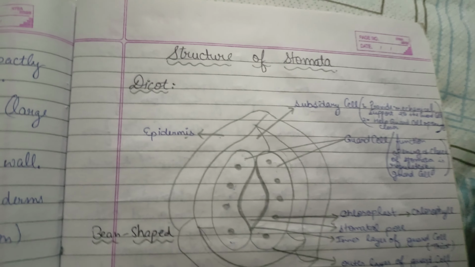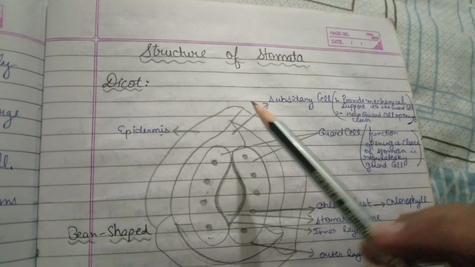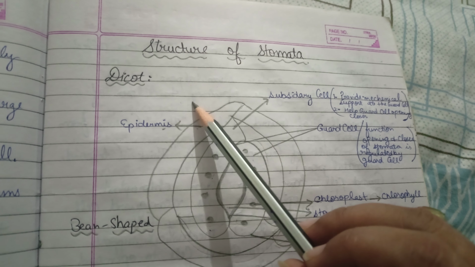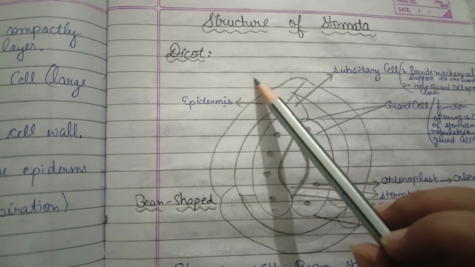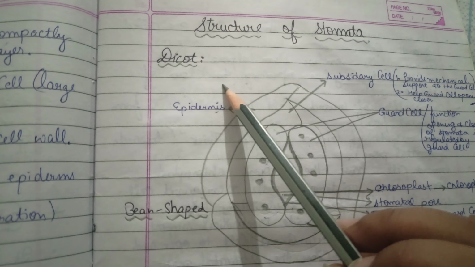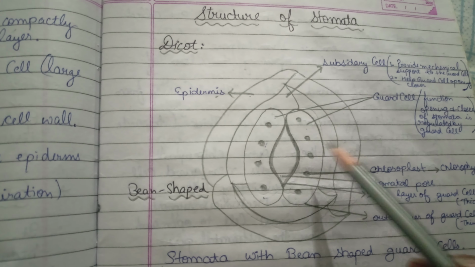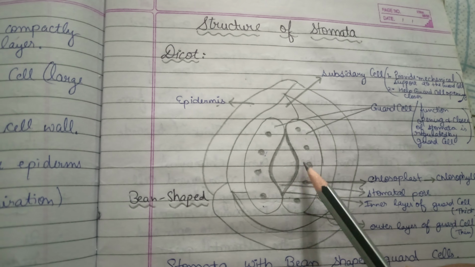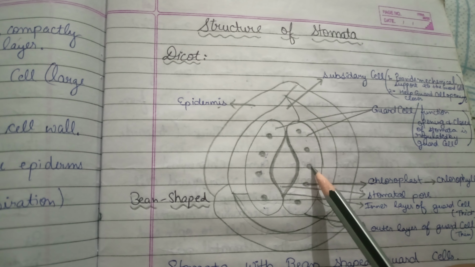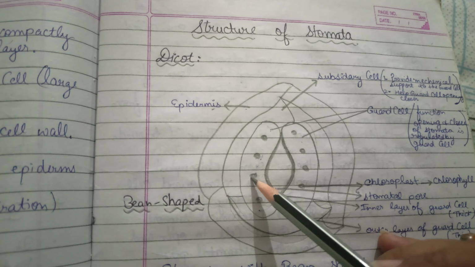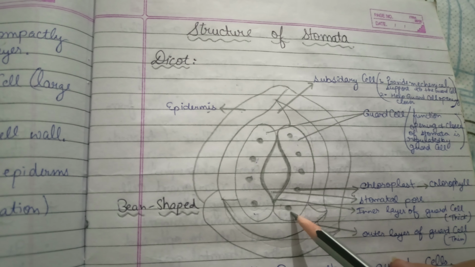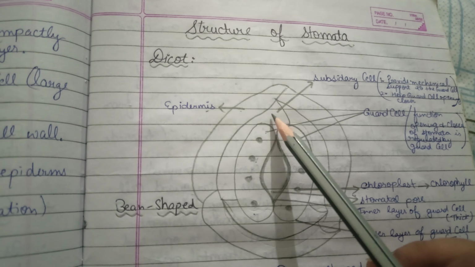Now this is the structure of stomata. A different type of structure is found in dicots and monocots. In dicots the structure is just like this. You can see this is the stomatal pore, which is guarded by two kidney shaped cells called guard cells, and guard cells usually have chloroplasts.